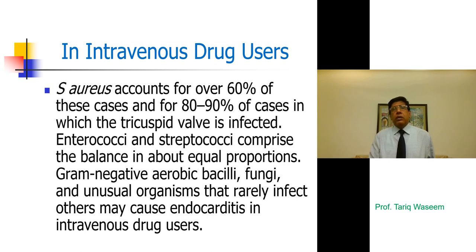These patients usually use unsterilized syringes. There are staphylococci lying on the skin surface, and with each injection, it is Staph aureus which gains access, and 80 to 90% of patients with IV drug abuse get endocarditis because of Staph aureus.